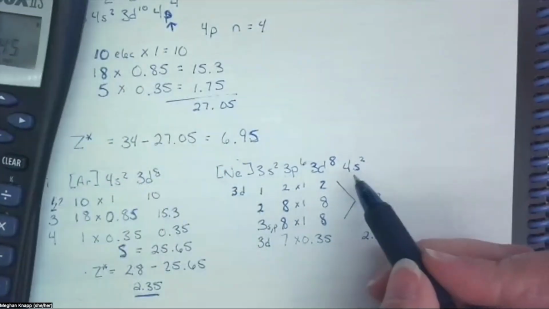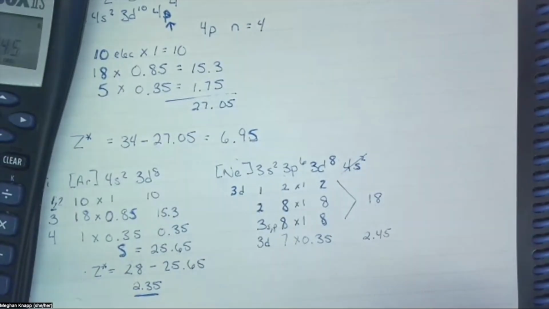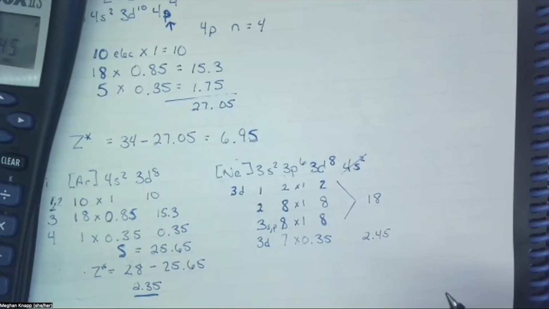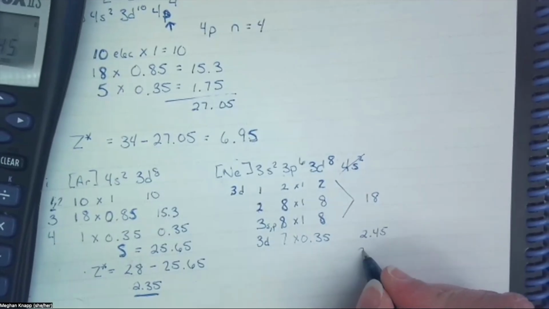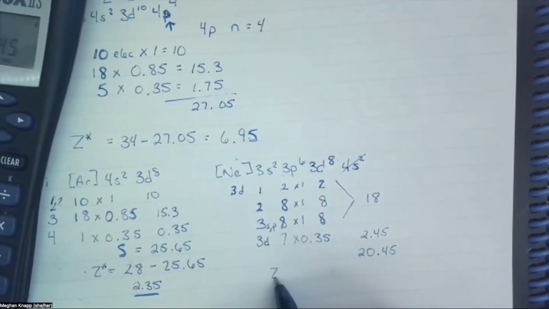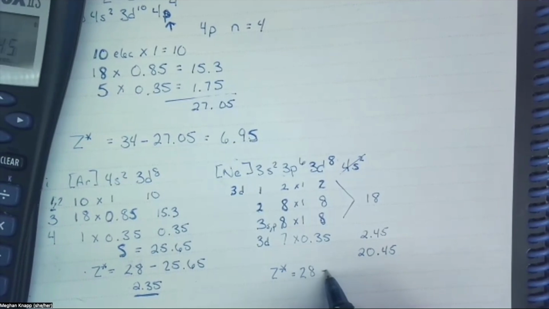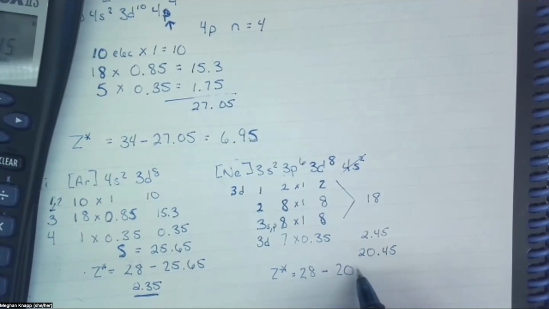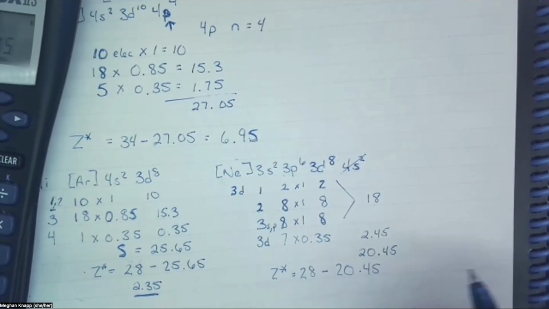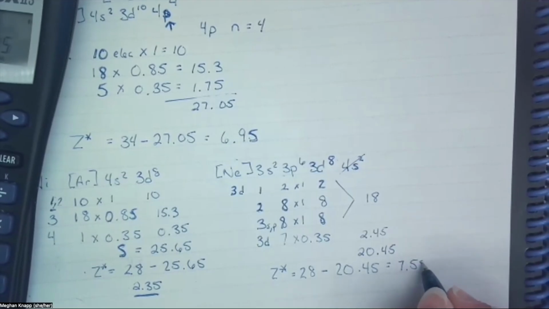Okay, what about this 4s? Well, since n is higher, we are not even going to consider that when we are looking at the 3D electron. Okay, so this works out to 20.45. And that means that Z star is going to be 28 minus 20.45, which is equal to 7.55.